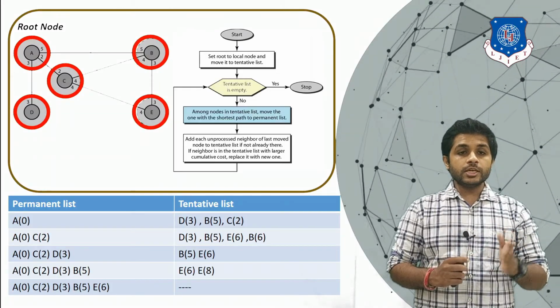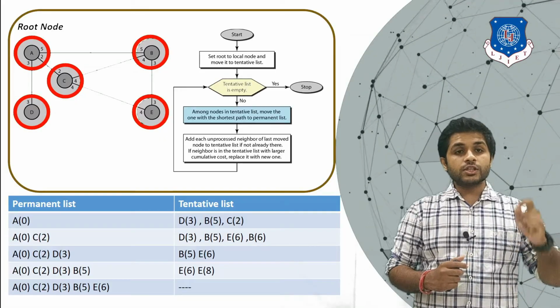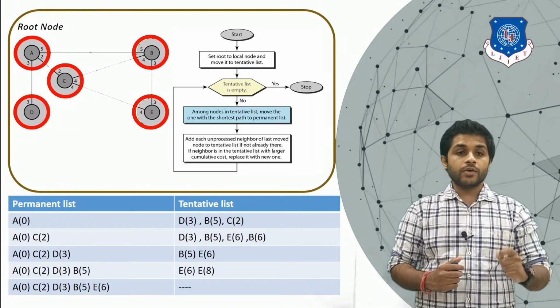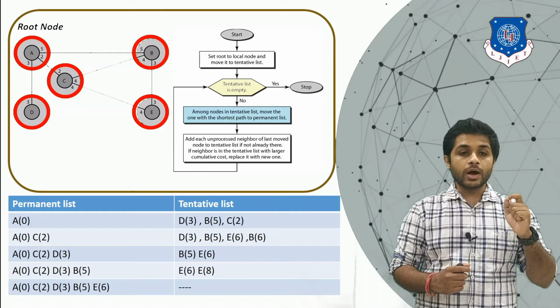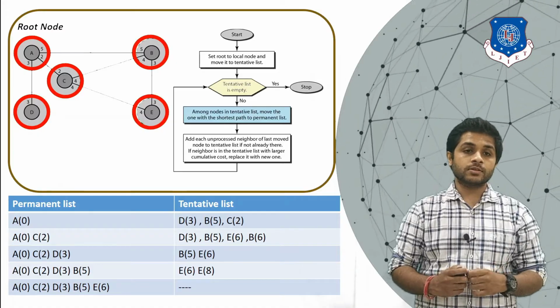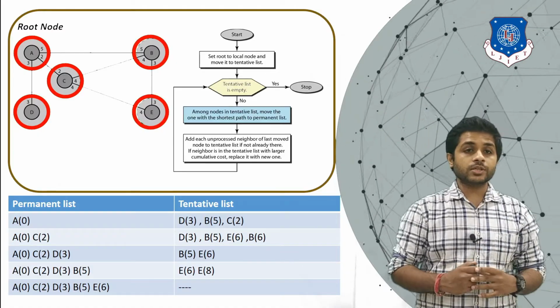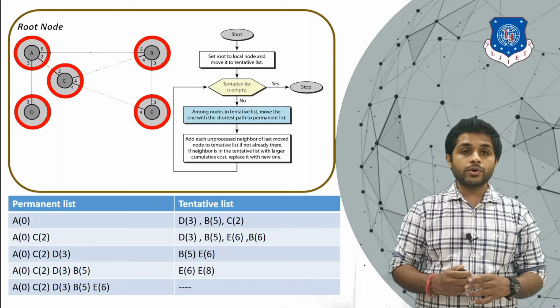So as you can see, all the entries in the permanent list show the shortest path tree from the root node A, and the distances in the brackets are the shortest path distances. So from these shortest path distances, you can create the shortest path tree from the root node A.